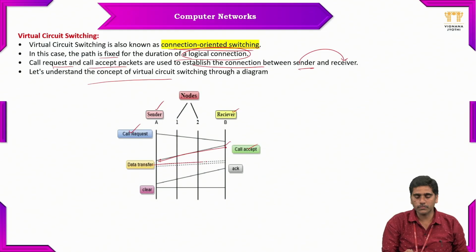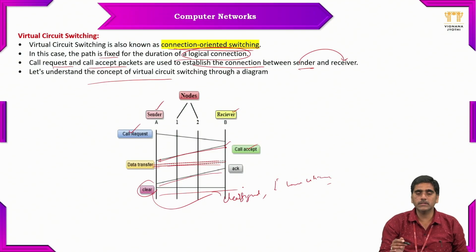Now the sender transfers the data to the receiver. The receiver sends an acknowledgement. After some usage, once it is over, the sender says it has utilized the connection properly and wants to terminate it, so a clear signal is sent to the receiver. Once the receiver receives it, it can clear the signal.